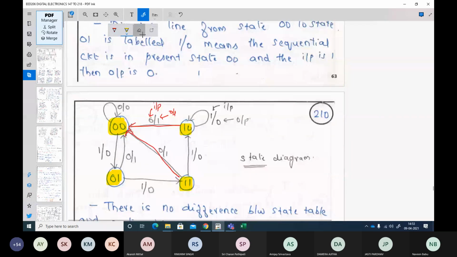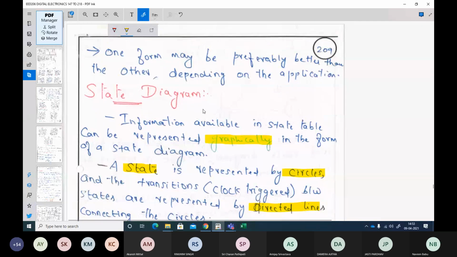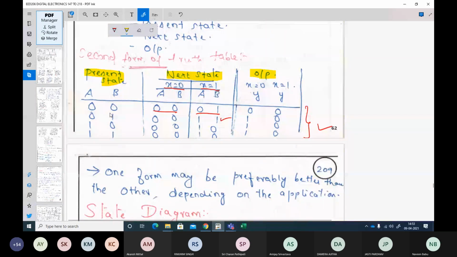Now how do we draw the diagram? Look at this state table here. My present state is 0,0. When my input is x equal to 0, to which state am I moving?